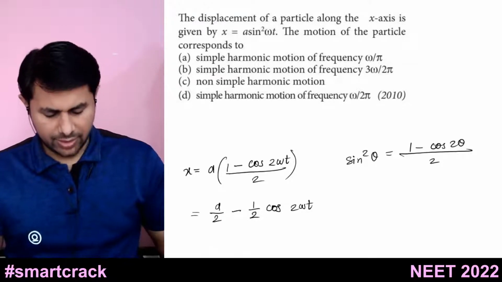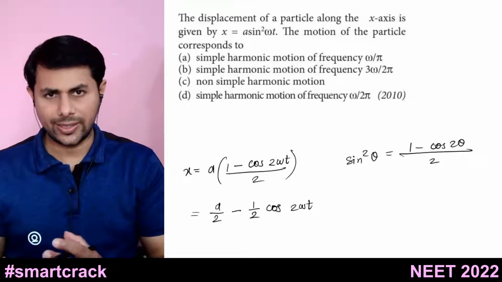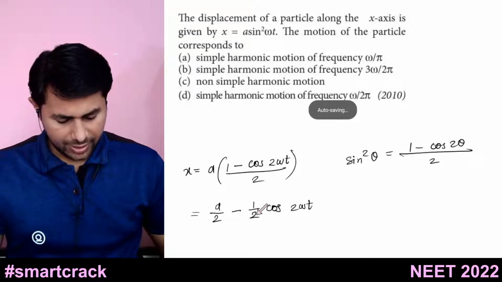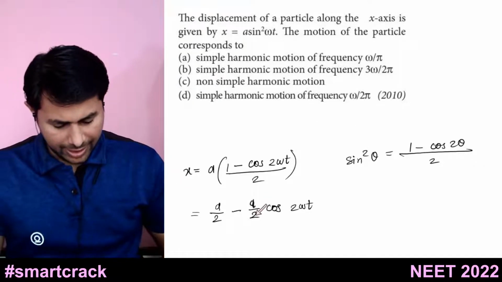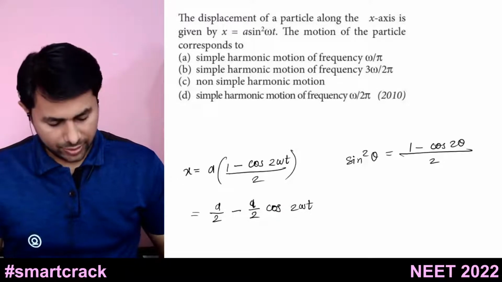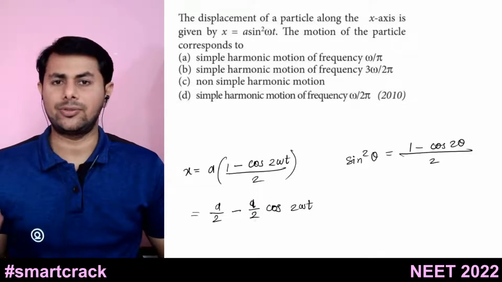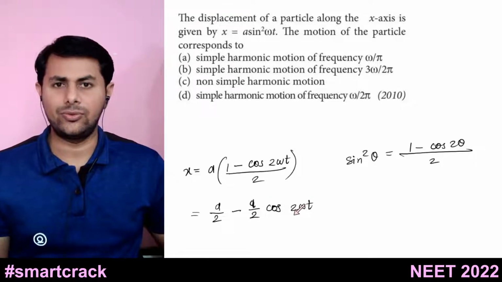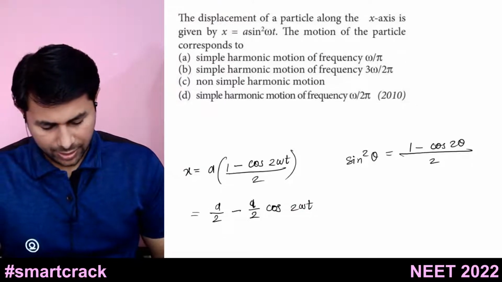The first term is just some initial displacement, a constant term, so you can forget that. In the second term, you have a by 2 into cos of 2 omega t. So this is an oscillatory motion with amplitude a by 2 and angular frequency 2 omega. So this is a simple harmonic motion.